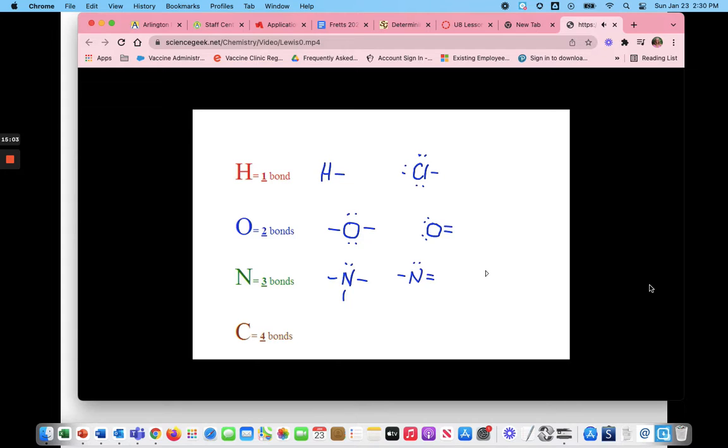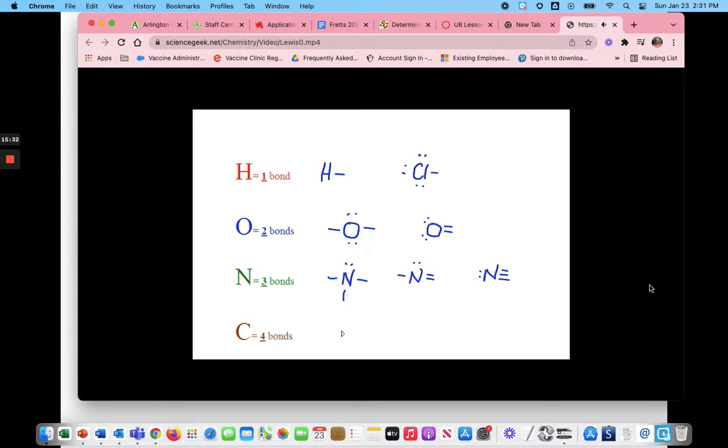Or nitrogen can form, as it does in hydrogen cyanide, a triple bond and 1 unshared pair. Notice there's some generalities here. The halogens are always going to have 3 unshared pairs around it. Oxygen, 2 unshared pairs. Nitrogen, 1 unshared pair, which should lead to the conclusion that carbon will not have any unshared pairs in most covalent compounds.